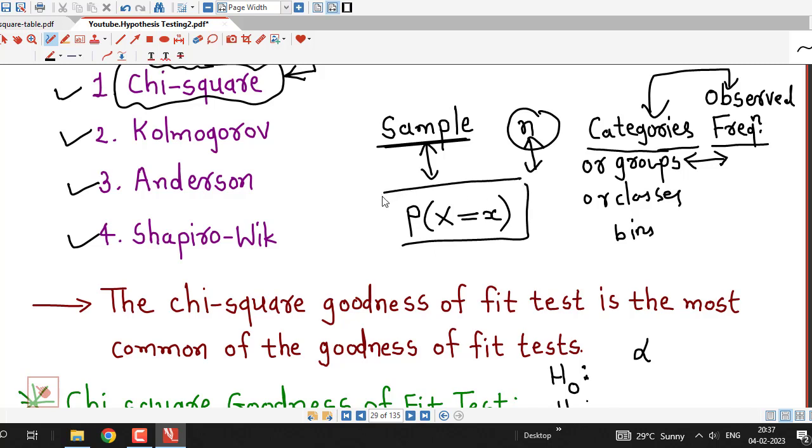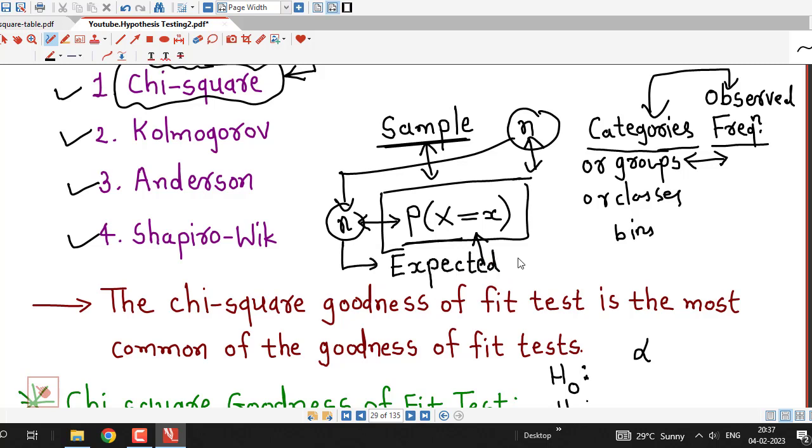Using that, we will be able to decide the probability corresponding to each category, and after finding these probabilities we will multiply each of them by the total number of observations, and that will give us the expected frequency for each category or each class. So that we have to find out for every chi-square goodness of fit test.